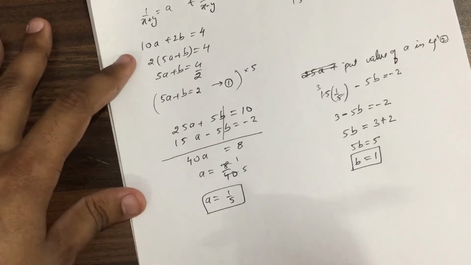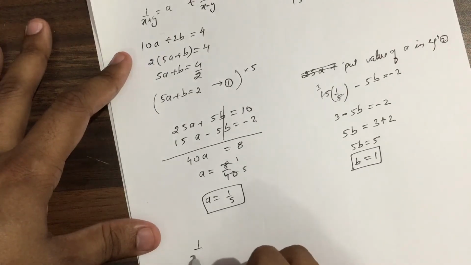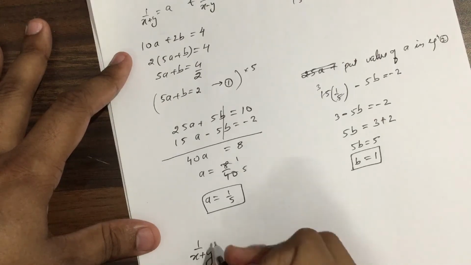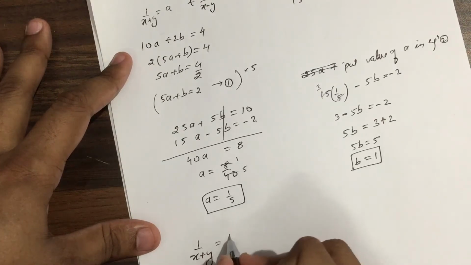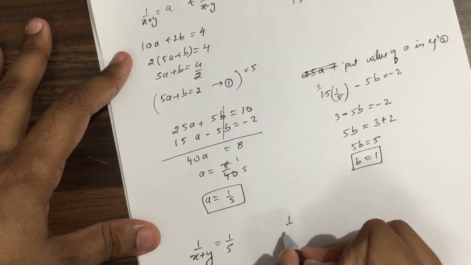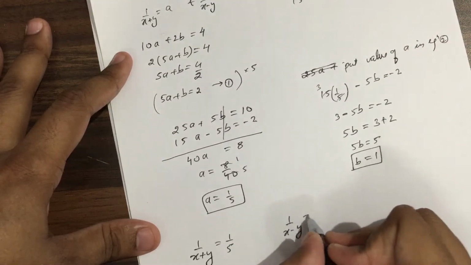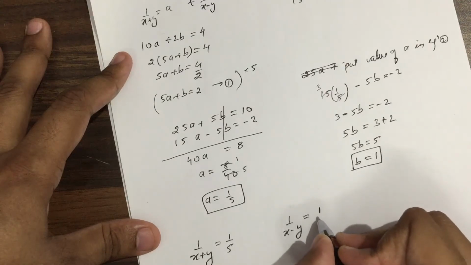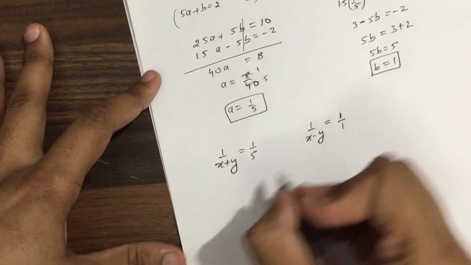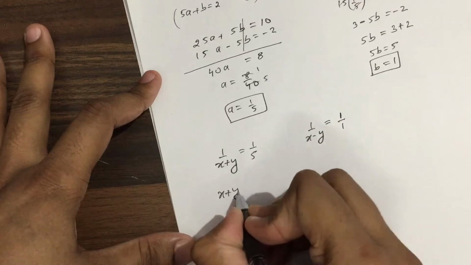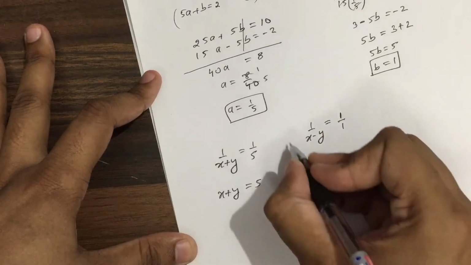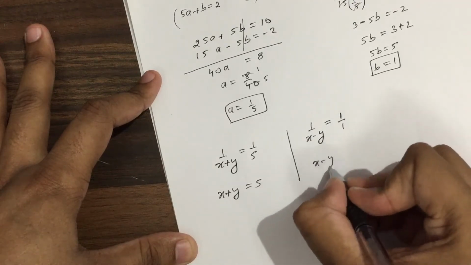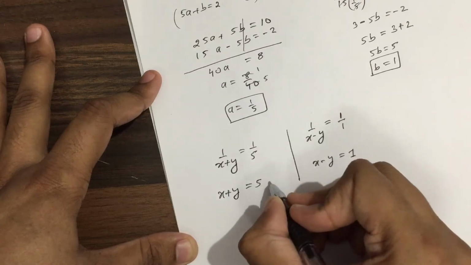Now we know that 1 upon x plus y equal to a, and a is 1 upon 5. Similarly, 1 upon x minus y equal to b, and b is 1. So on cross multiplying, this will reduce to x plus y equal to 5, and this will reduce to x minus y equal to 1.